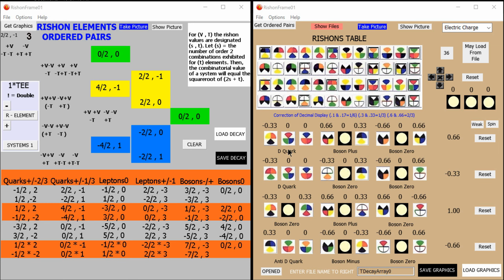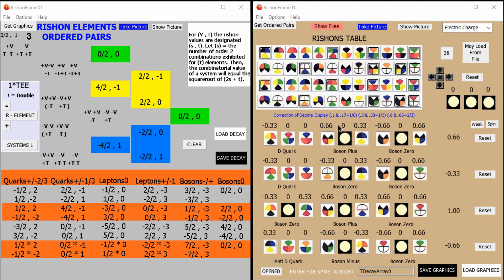But we know that the electric charge of the T quark is actually 2/3. So if we look over here at the contribution of this flavored boson plus, we will see that there's an electric charge of 2/3 on the flavored V quark, prime V, and that there is a charge of 1/3 on the T rishon.